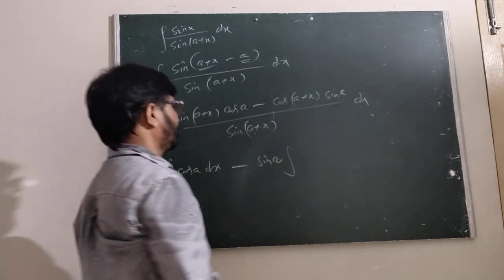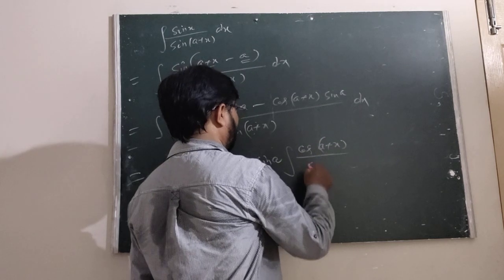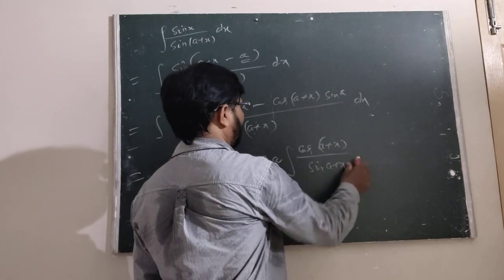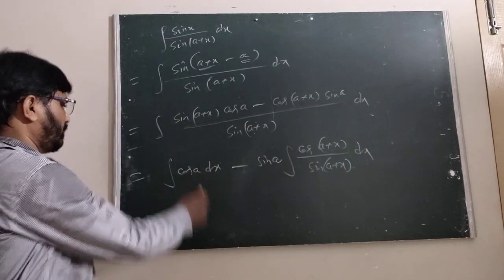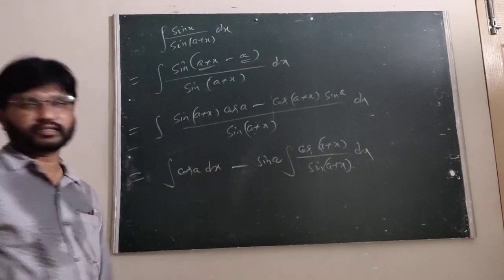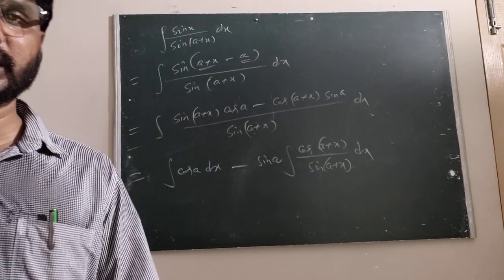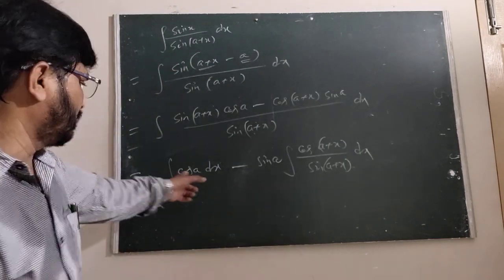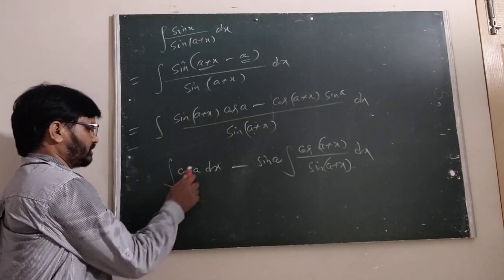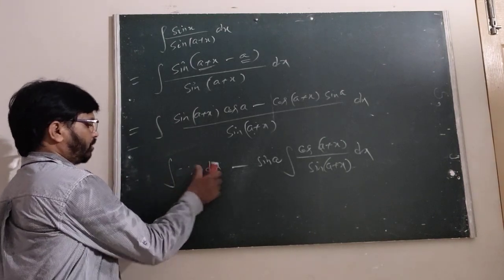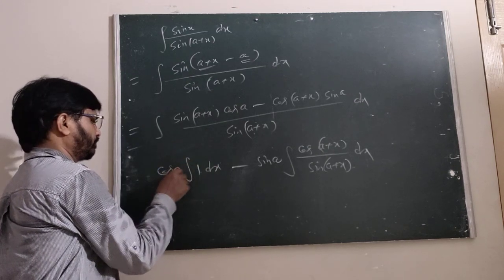We can write this as minus of cos of (a plus x) whole by sin of (a plus x) into dx. Now we are looking at cos a with respect to x. That means cos a must be a constant. Therefore, we can always write the constant outside of the integral. So this is integral 1 into dx times cos a.